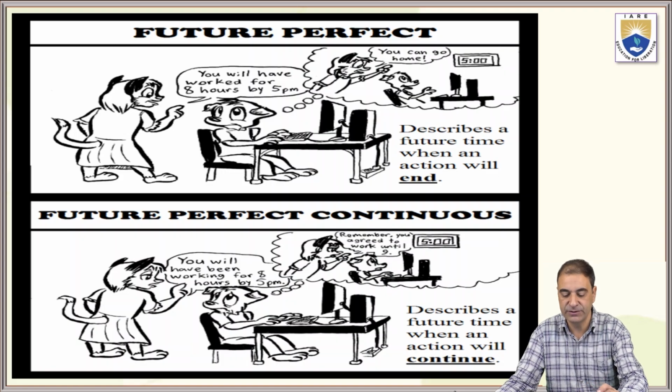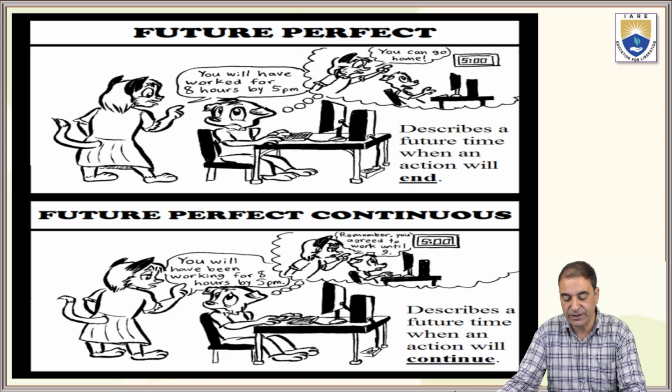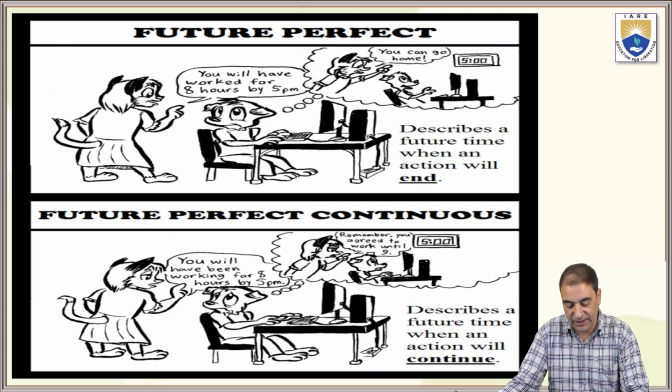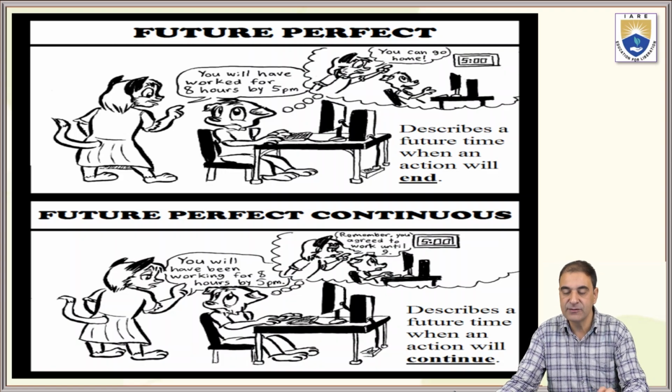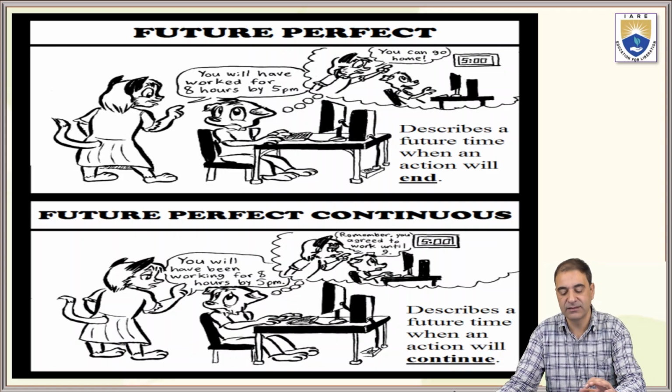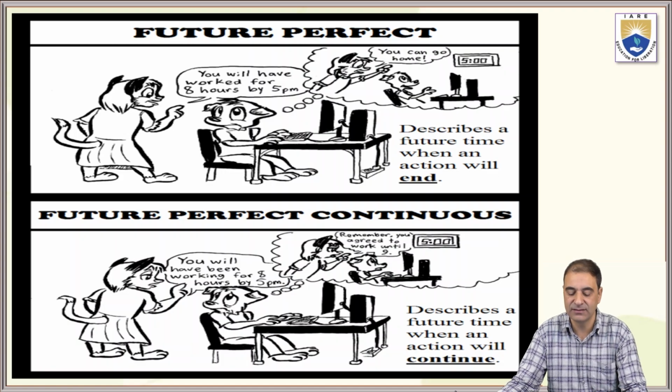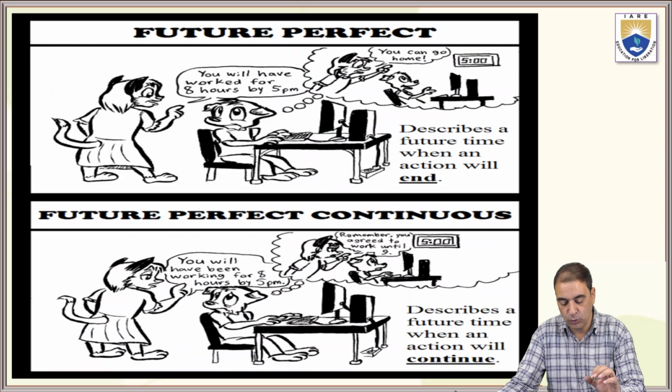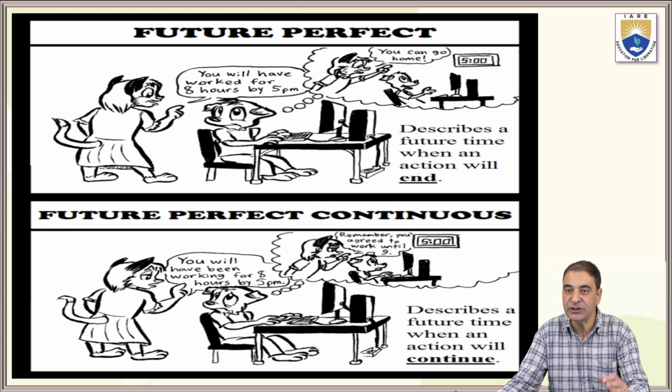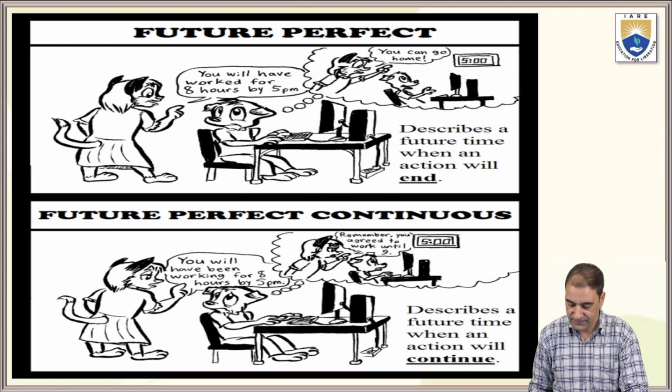In the first picture, it's the future perfect: you will have worked for 8 hours by 5 p.m. And now the next one: you will have been working for 8 hours by 5 p.m. There's only the difference of one thing, and that is the continuity. In the second picture, we laid the stress on the continuity of the action.